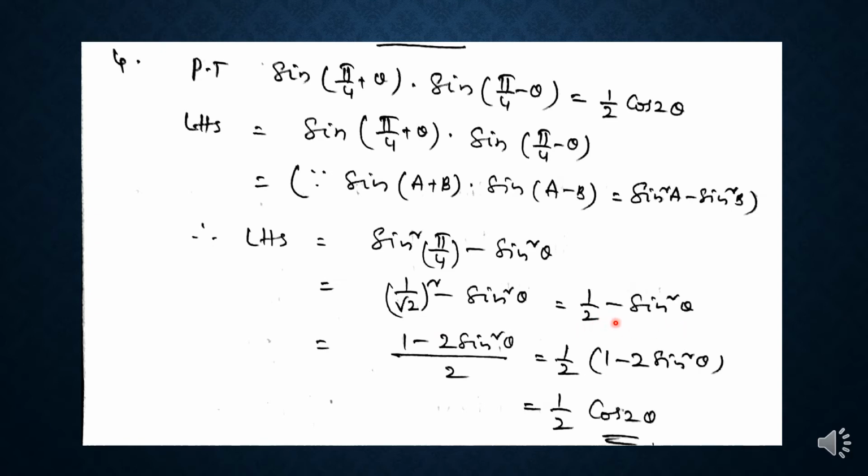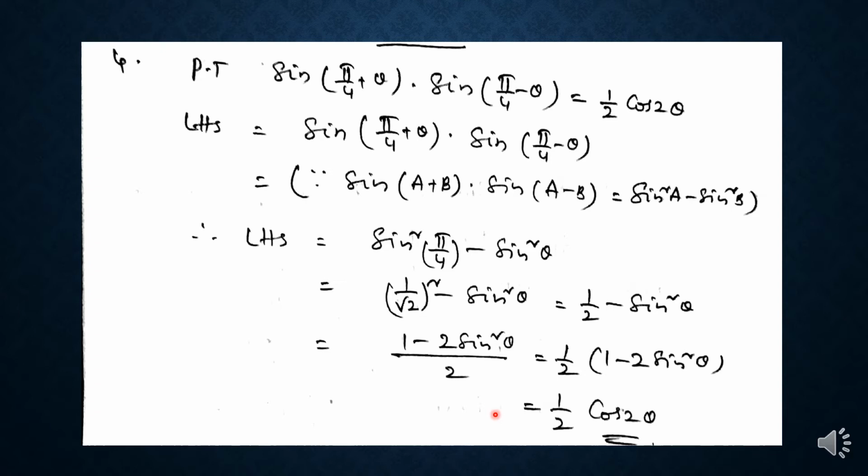By taking LCM here, we will get 1 minus 2 sine square theta by 2. This can be written as half into 1 minus 2 sine square theta. So this is the formula for cos 2 theta. Once remember the formulas for cos 2 theta. Cos 2 theta in terms of sin theta is 1 minus 2 sin square theta.